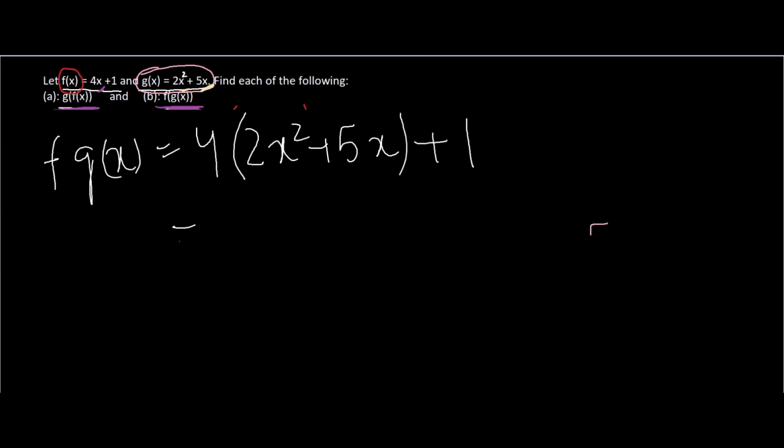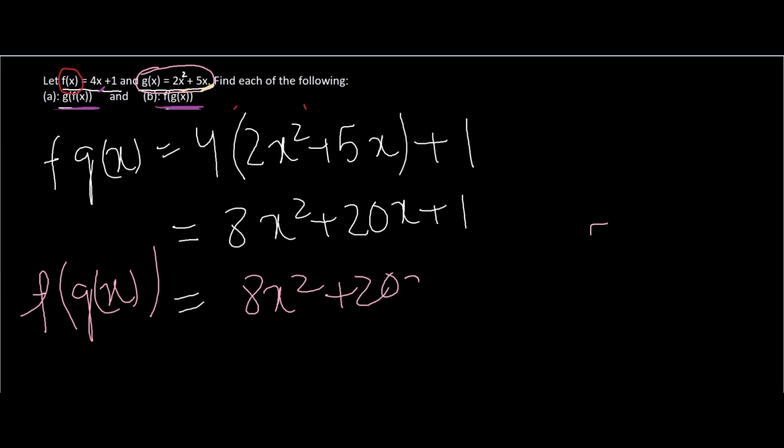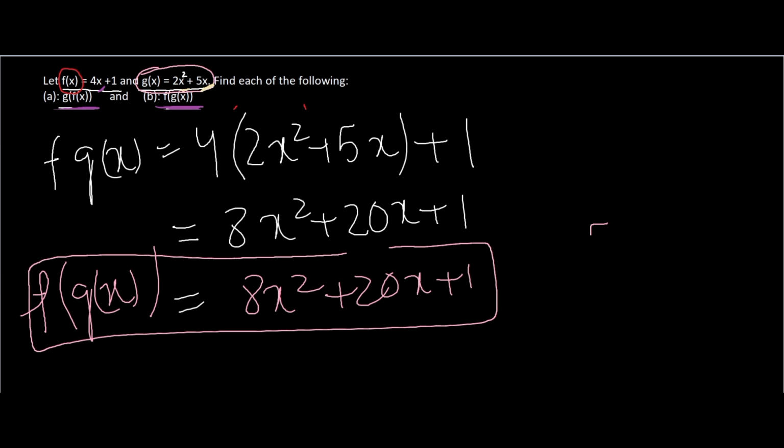It equals 4 times 2 is 8x squared, plus 4 times 5 is 20x, and plus 1. So the final answer is f of g of x, in which g of x is in the domain of the f function. The final answer is 8x squared plus 20x plus 1.